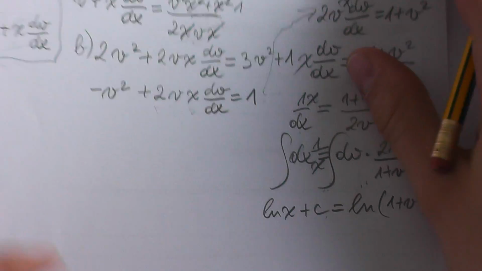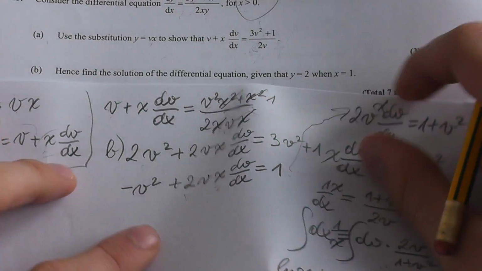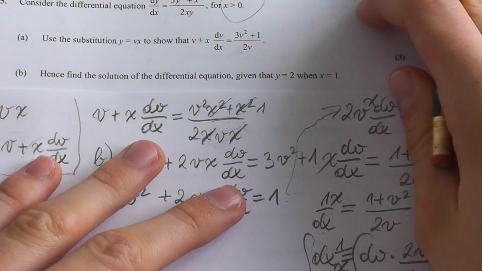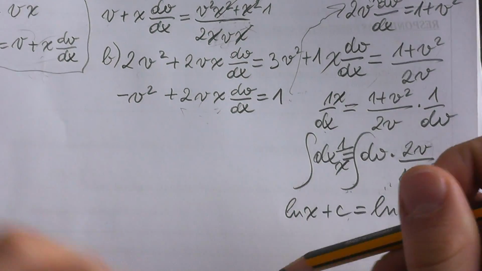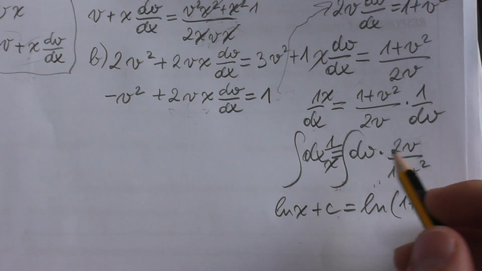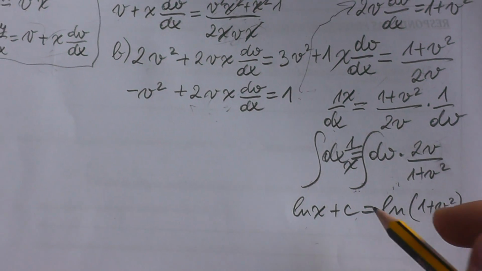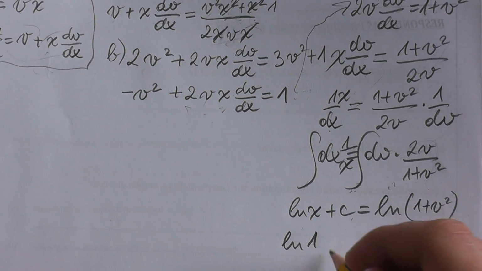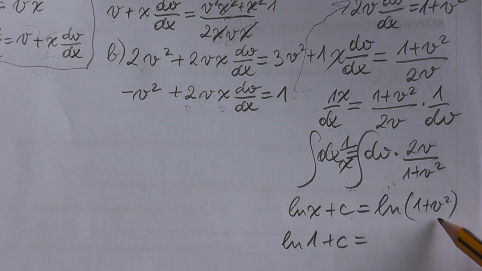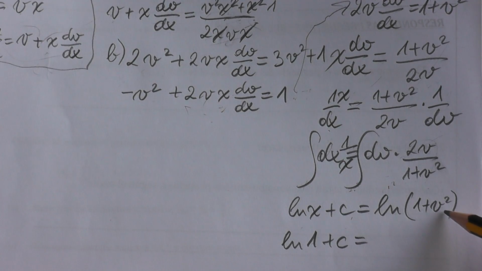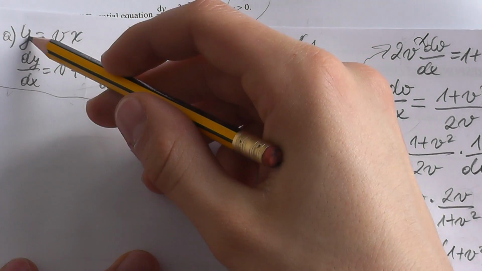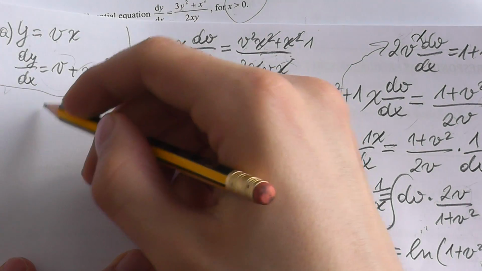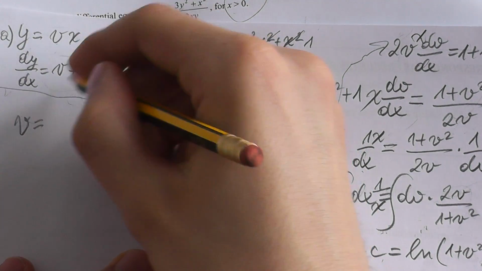Now, if we go back to the problem, which I have hidden, we need to solve the equation given that y is 2 when x is 1. Now, notice that we don't have a y because we have a v. So we go back here and say that since y is equal to vx, then v must be equal to y over x.